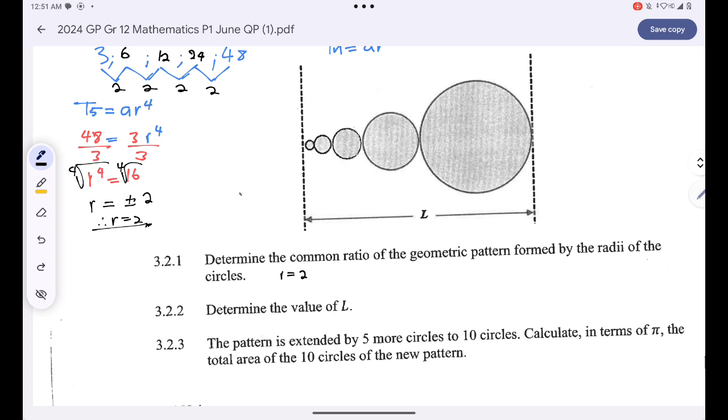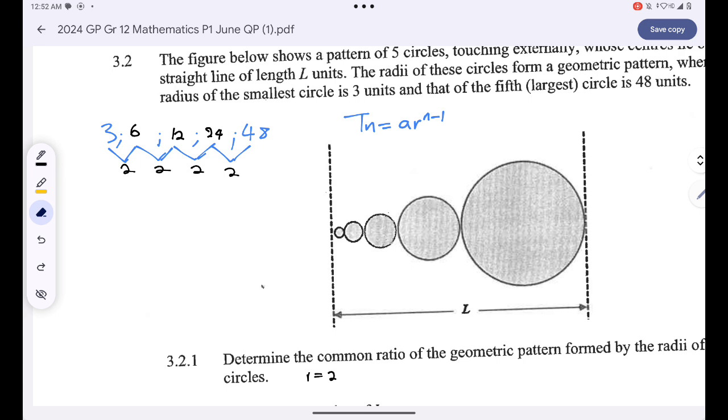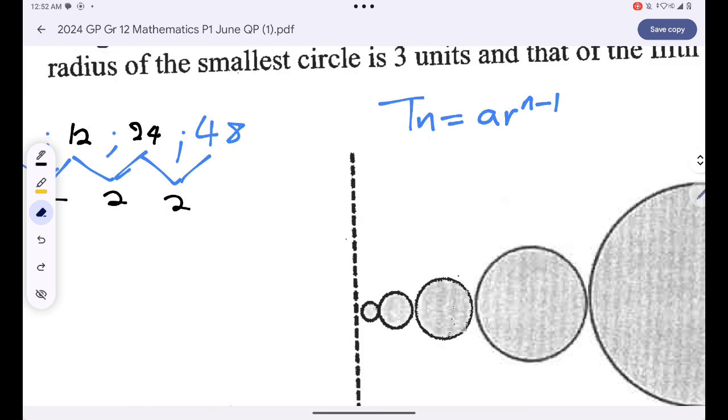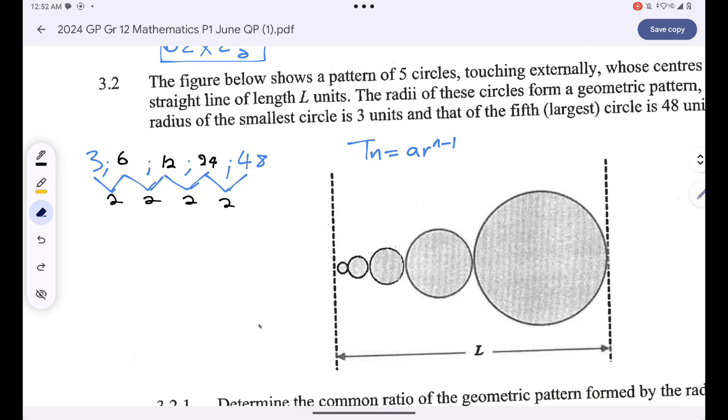Now they want us to determine the length L. This over here is the sequence for our radius, right? However, L should be a sequence for the diameters of the circles.